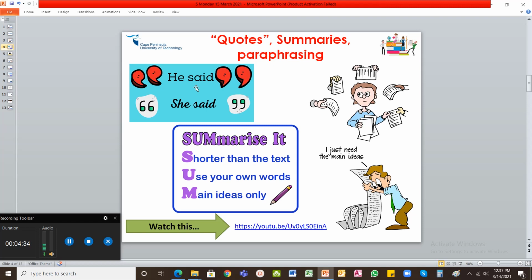Even if you do change the words, it does not have the same meaning. So quotations mean that you would like to use the exact same words to bring across the exact same message or idea. You would use double quotation marks.